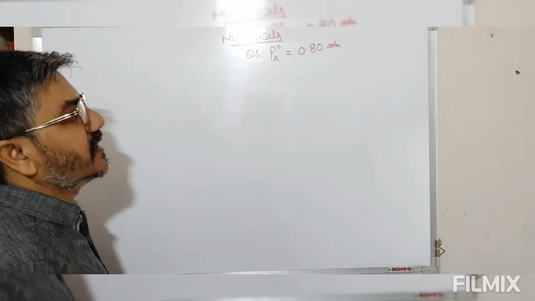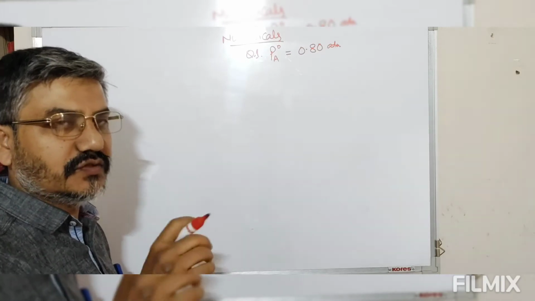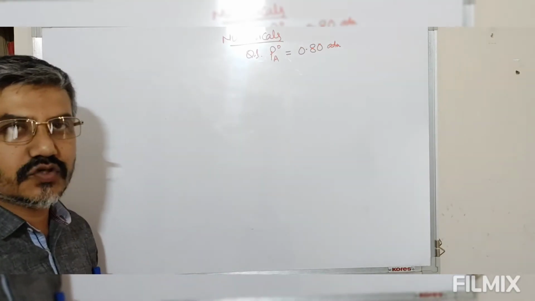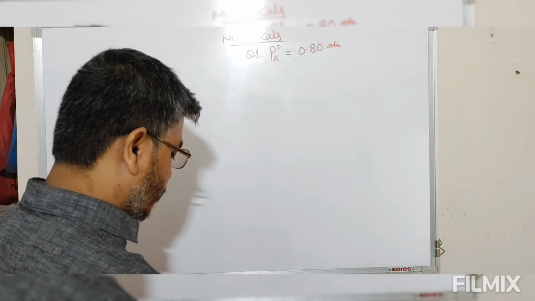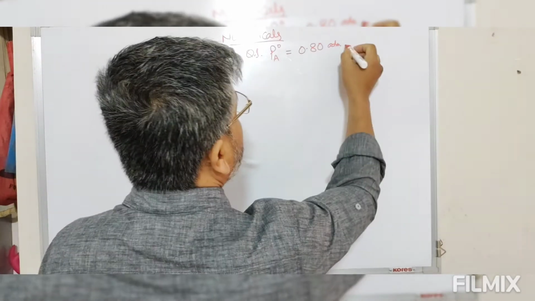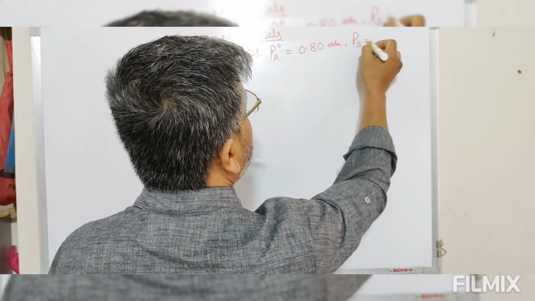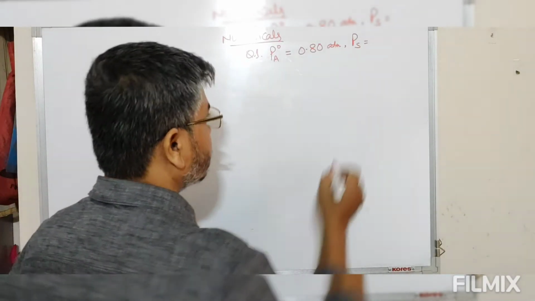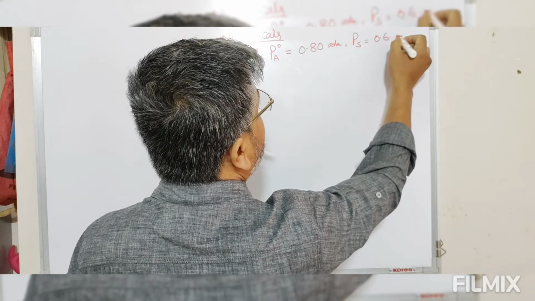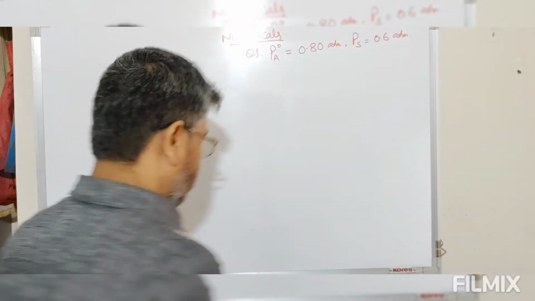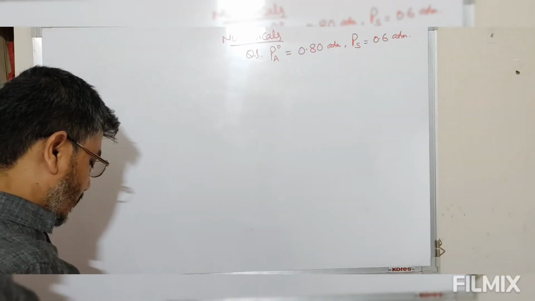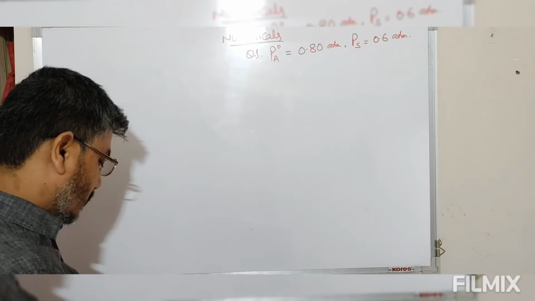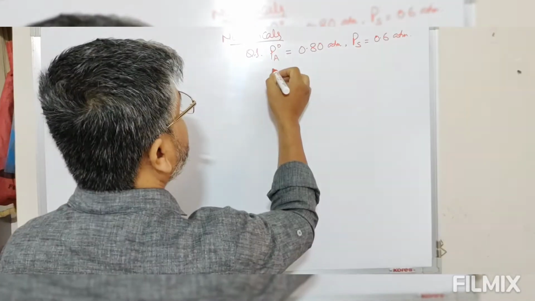When we add a non-volatile solute B to this pure component A, the vapor pressure changes to 0.6 atm. The question asks, what is the mole fraction of component B?